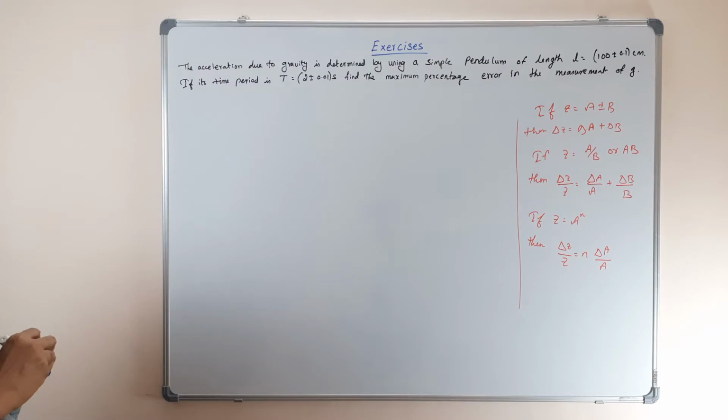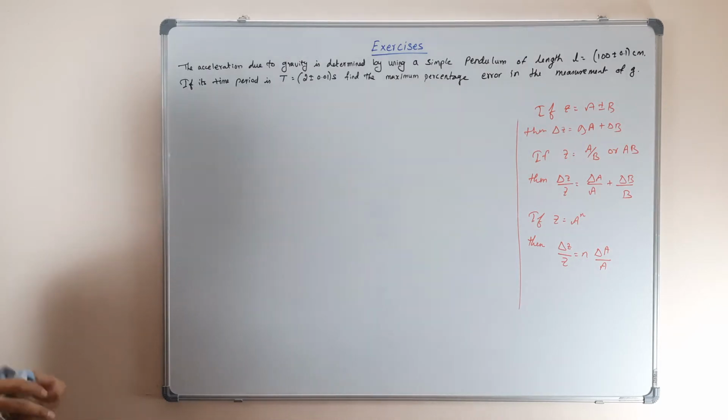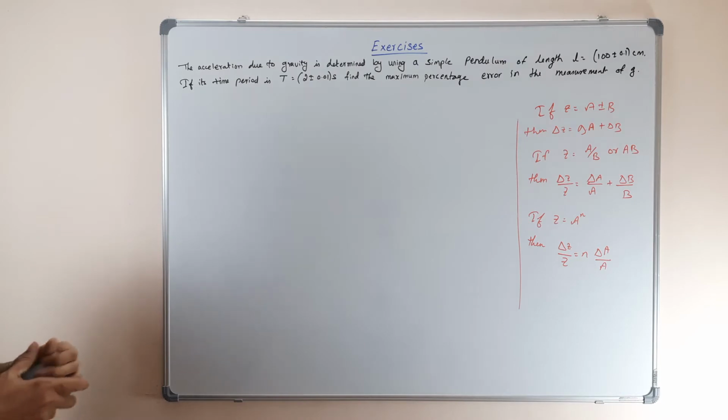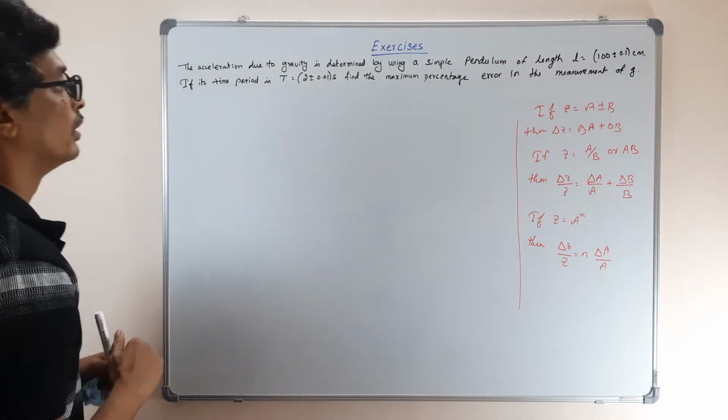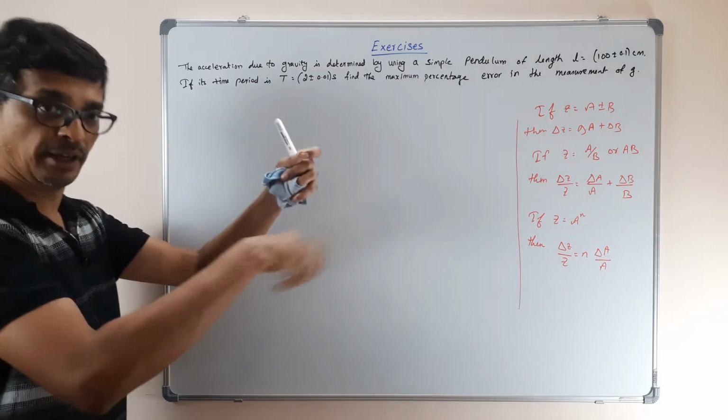So let us do this problem, and this is interesting. The acceleration due to gravity is determined by using a simple pendulum of length L equal to 100 plus or minus 0.1 centimeter. You know the simple pendulum we already did in the class, right?